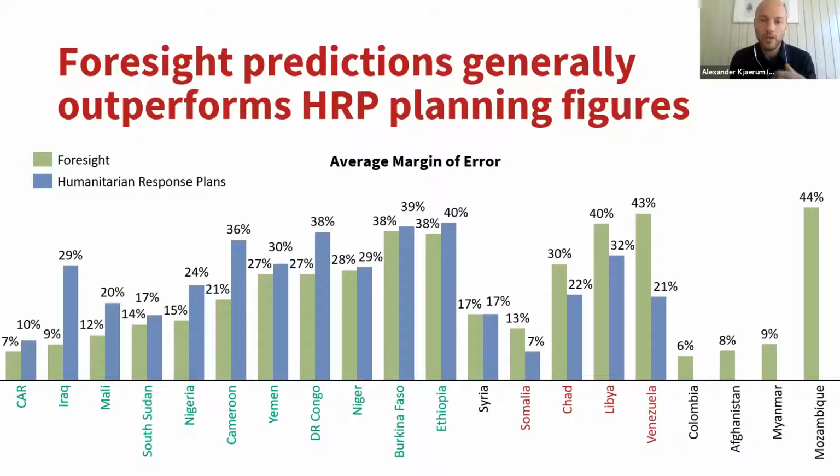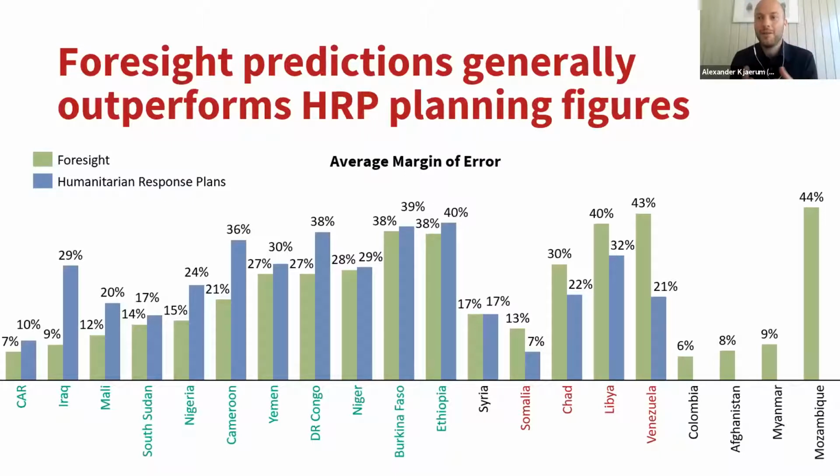So what we did was to analyze how accurate the planning figures in these humanitarian response plans are compared to how our model is performing. And we can see that in most of the countries where we have applied the model and where we can compare the results, our model tends to be more accurate. There are a few exceptions, which are Somalia, Chad, Libya, and Venezuela.